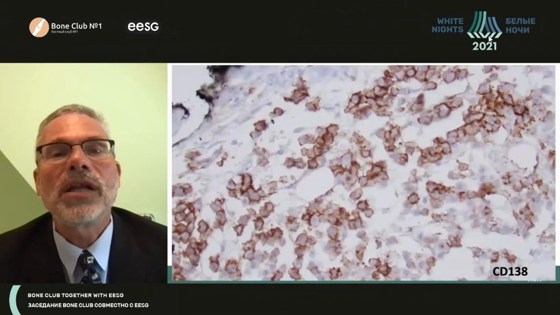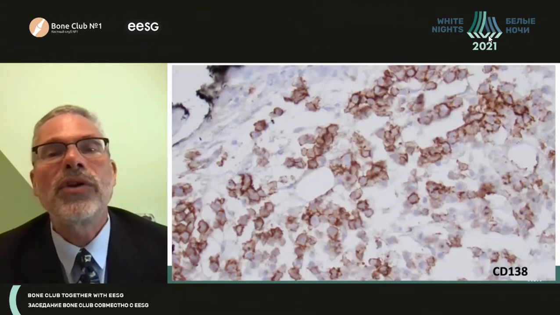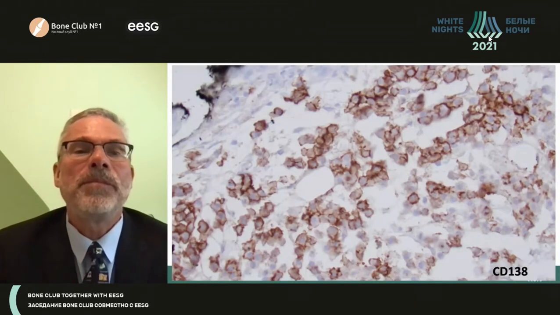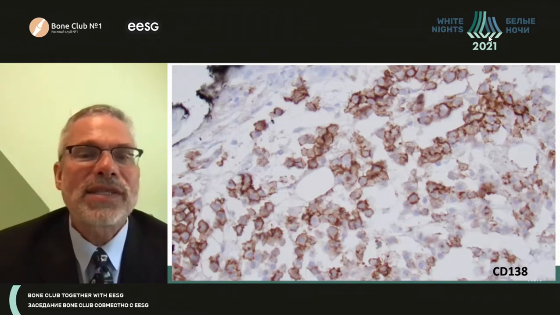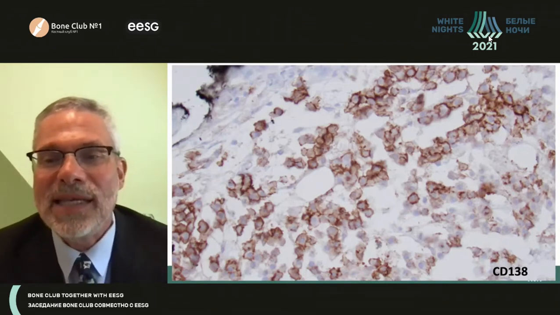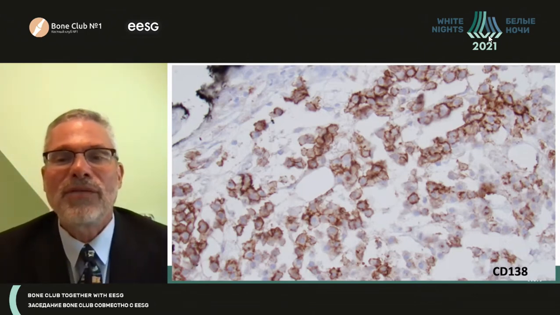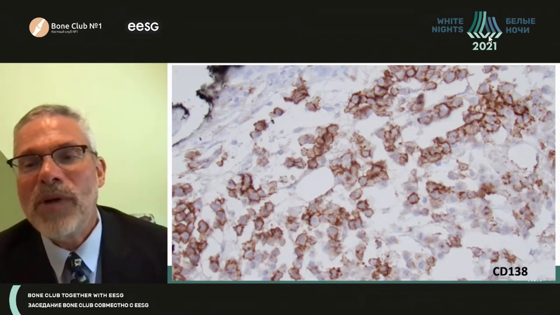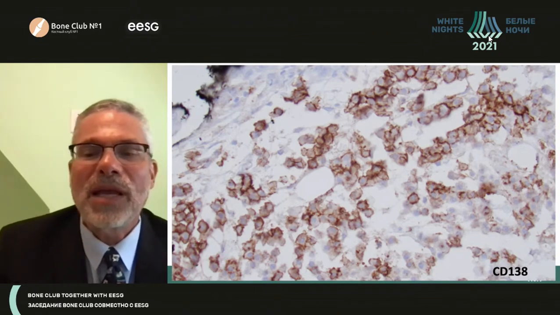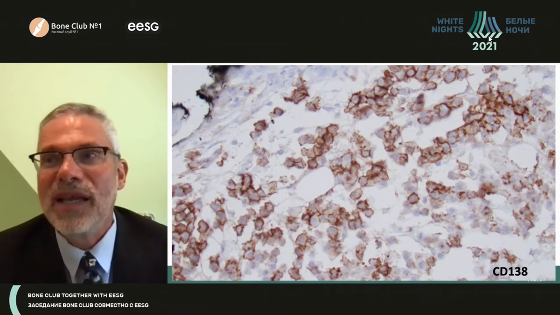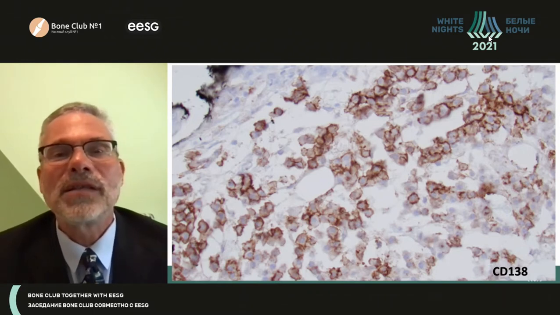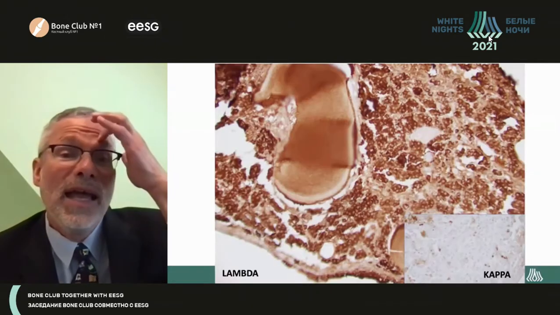We see prominent Golgi bodies, and it's CD138 positive, which fits plasma cells. Interestingly, Irina's case also was CD138 positive, the Ewing-like adamantinoma. We know CD138 sometimes can stain for endothelial cells or epithelial cells, which fits the Ewing-like adamantinoma that Irina showed.